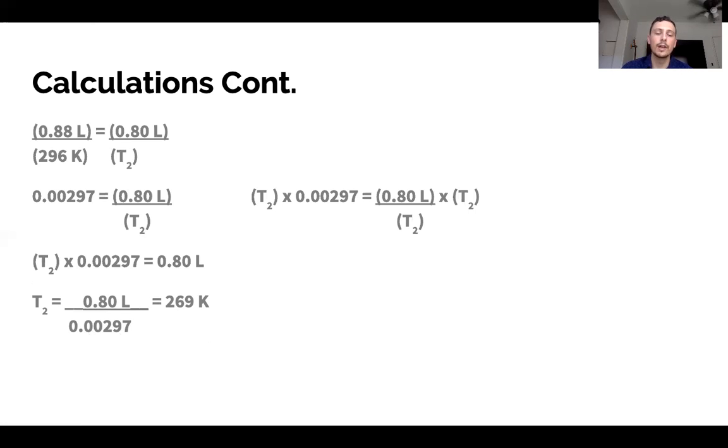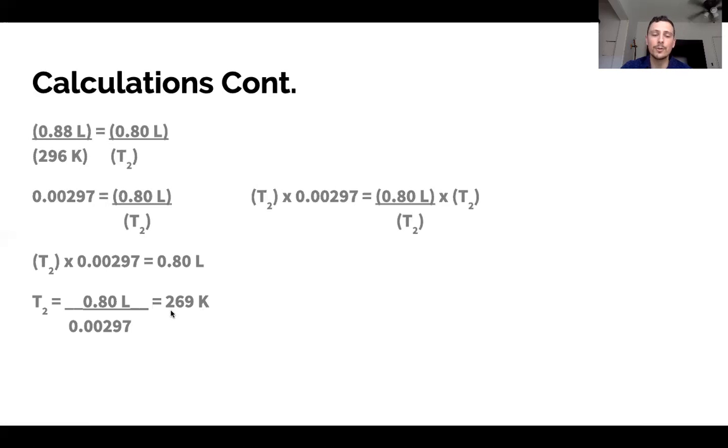Fantastic. However, and this is an acceptable answer, if you give it to me, and if I'm not asking for specific units, it's totally fine. However, the problem initially gave us degrees Celsius, so it's good etiquette to give your answers in the units you were provided.